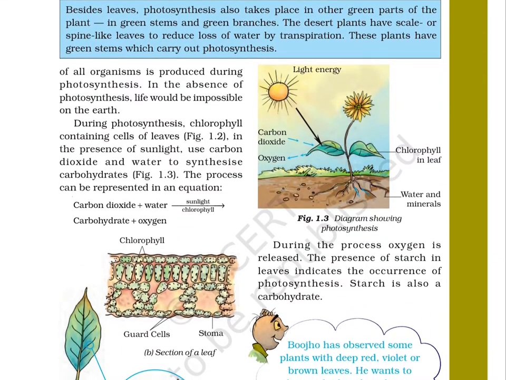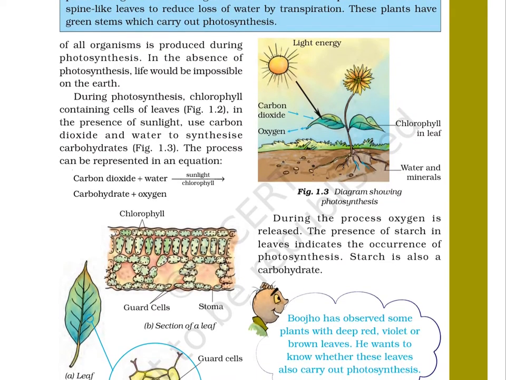Figure 1.3. Diagram showing photosynthesis. In this diagram, there is a sunflower. The sunflower is facing the sun and taking light energy from it. This sunflower also has a couple of leaves.